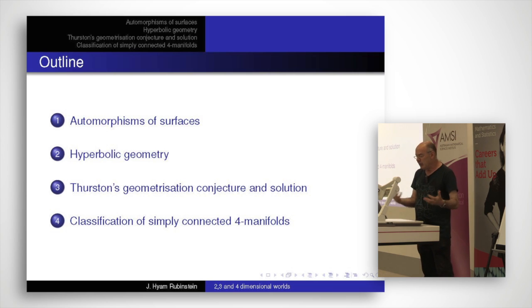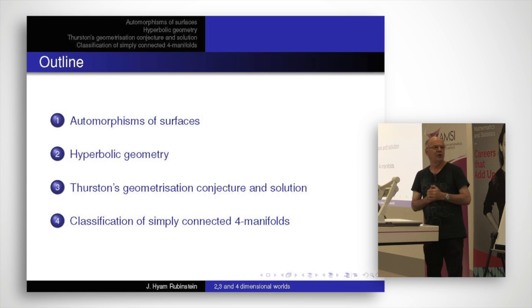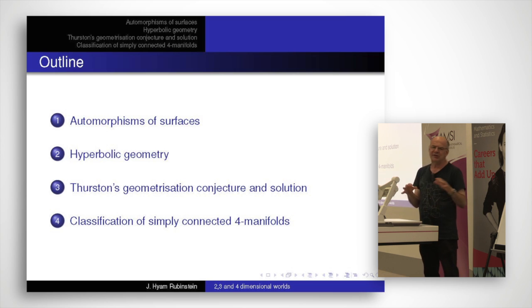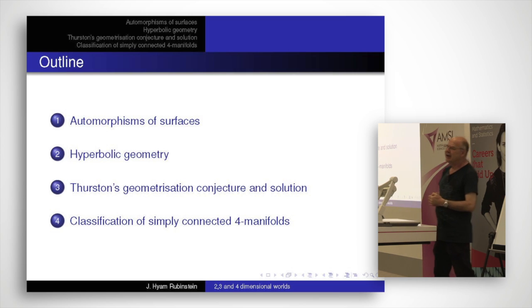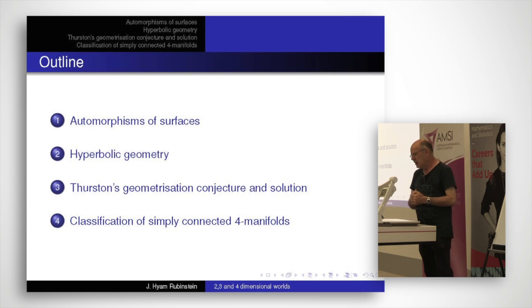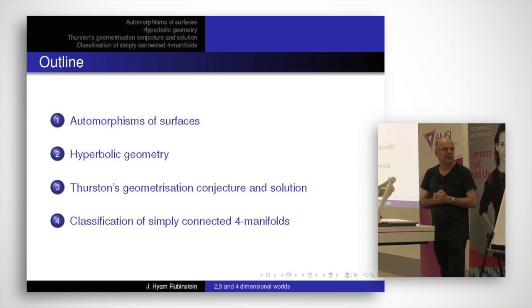The other companion thing to the study of surfaces is hyperbolic geometry. Although of course we're very used to Euclidean geometry and spherical geometry, living on the Earth's surface, hyperbolic geometry is not quite so natural, but from a mathematical viewpoint it's actually much more interesting than Euclidean or spherical geometry.